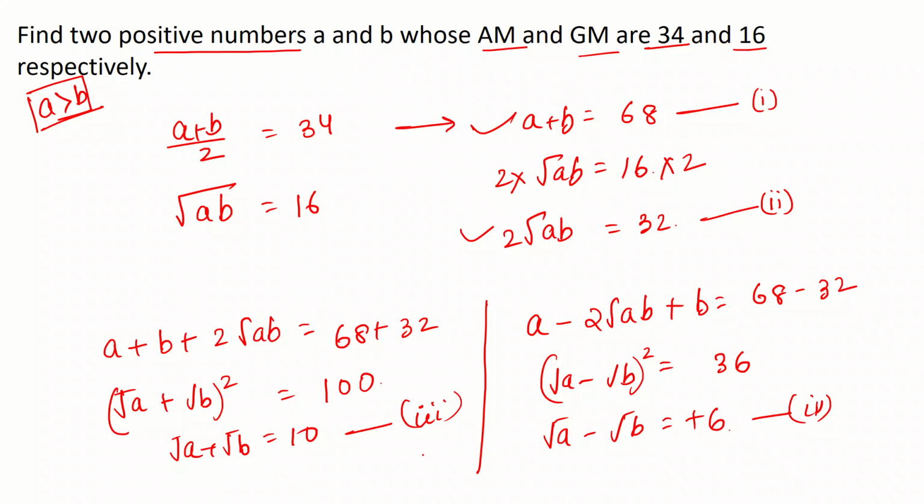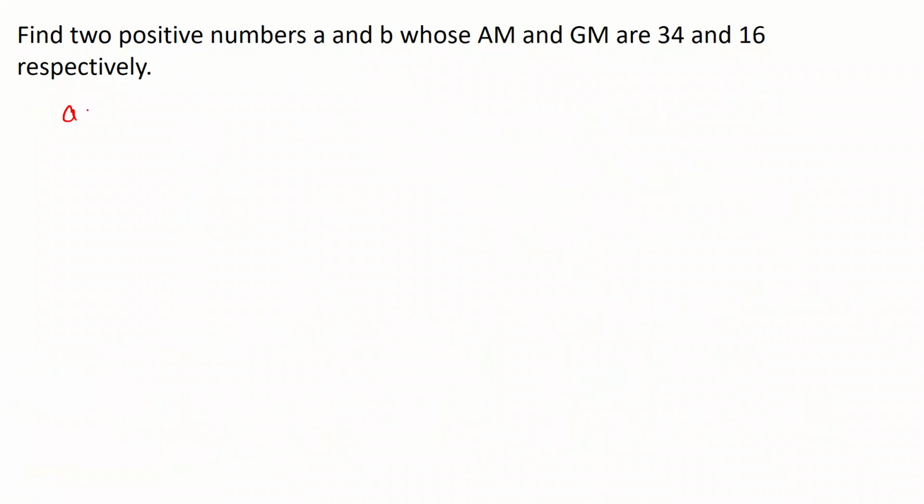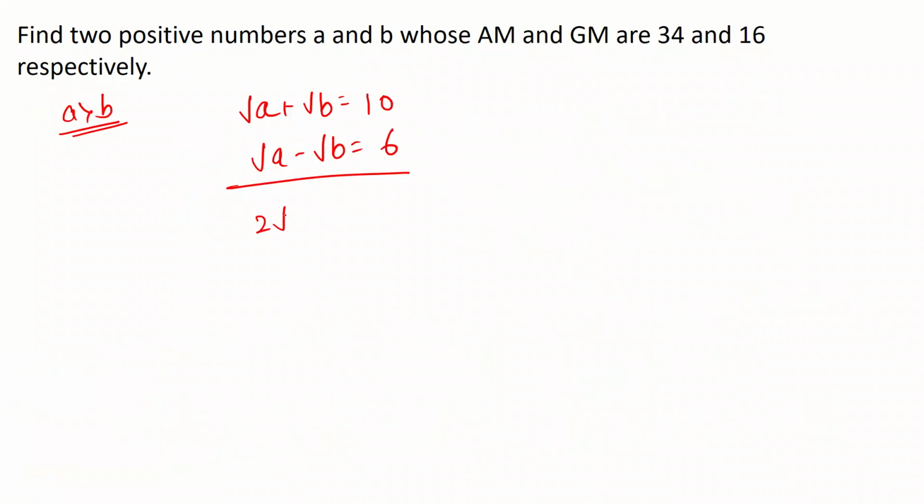So we assume a is greater than b, and then we have root a plus root b equal to 10 and root a minus root b equal to 6. If we add these, I get 2 root a is equal to 16, root a is equal to 8, and I get a equal to 64.